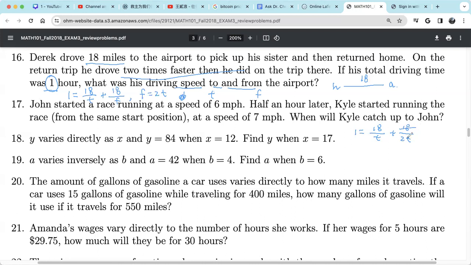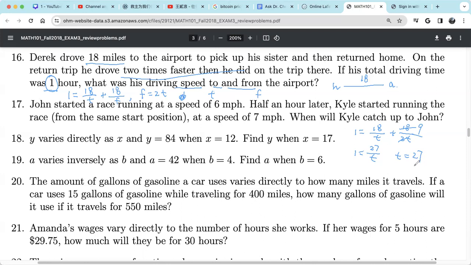Well, 18, we can simplify this. 18 divided by 2 is 9. So we have 18 over T plus 9 over T. 18 plus 9 is 27. So we have 1 equals 27 divided by T. So what is T? 1 times T is T, so T equals 27.